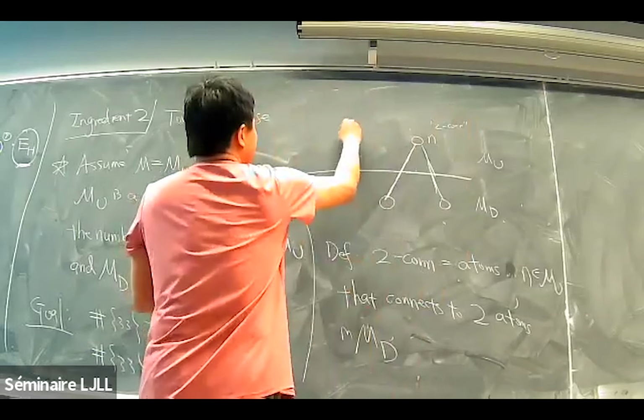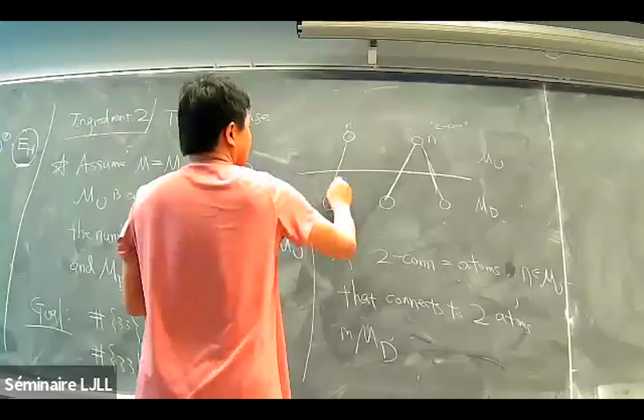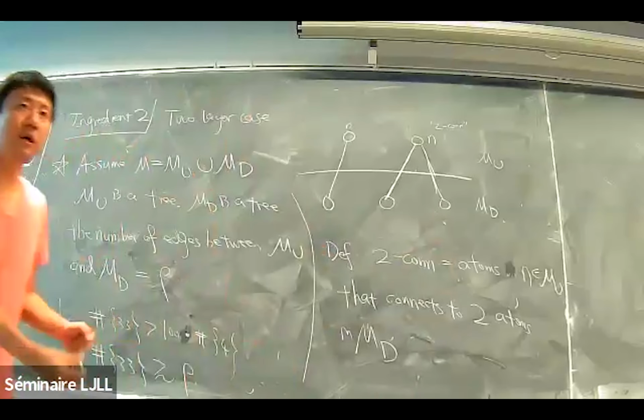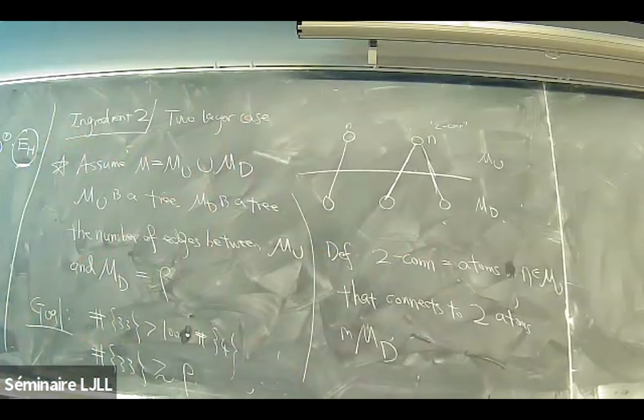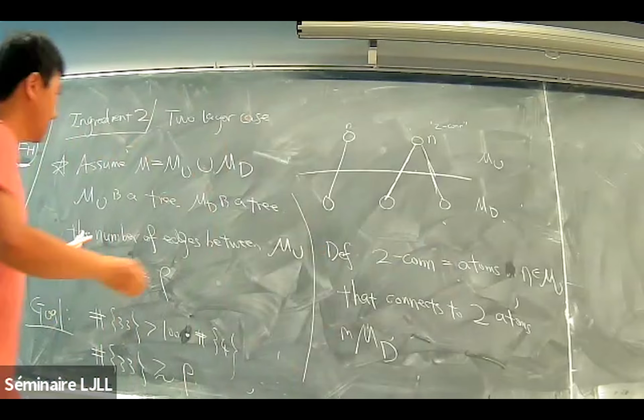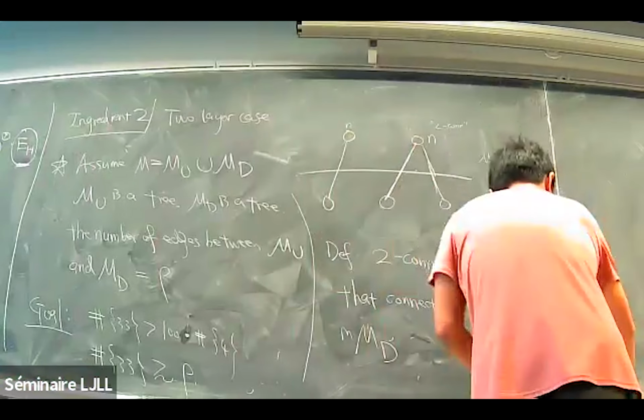And then, of course, you have one connection, which only has one. So the first case we consider is when there are many two connections. This is a relatively easy case.